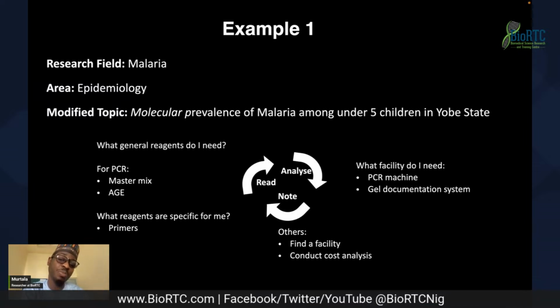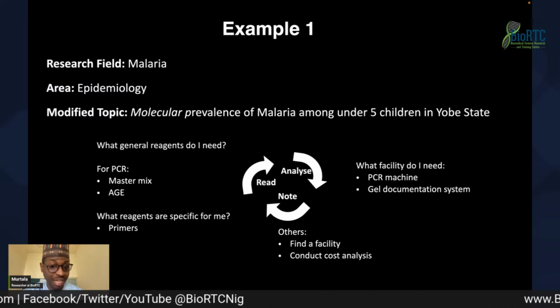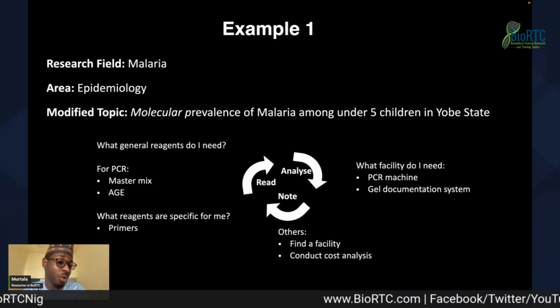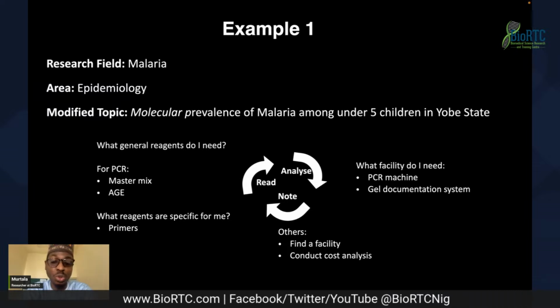But in most cases, primers are specific to your own work. You are the one to design them. You are responsible for ensuring their integrity. You're responsible for ordering. We can give you contacts for the people who will order, but you are the one responsible for ensuring that you purchase them.